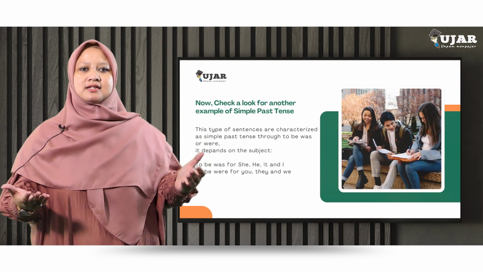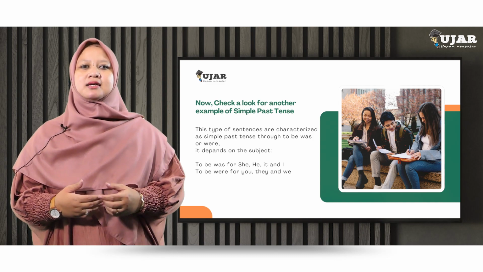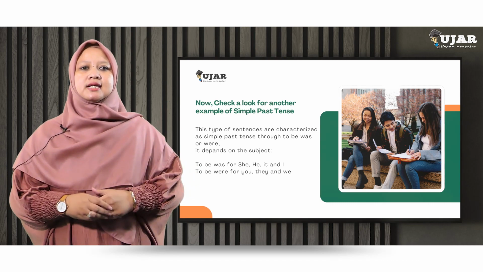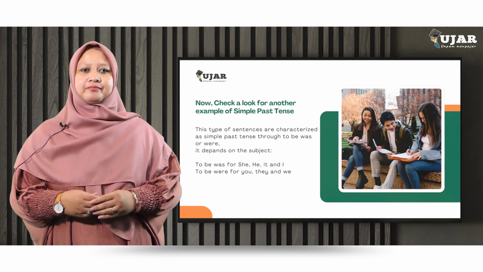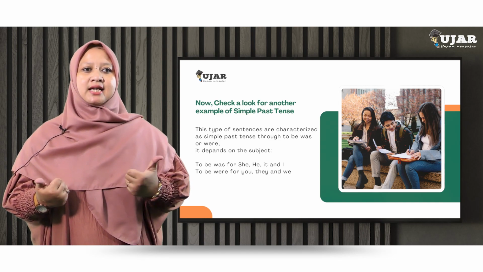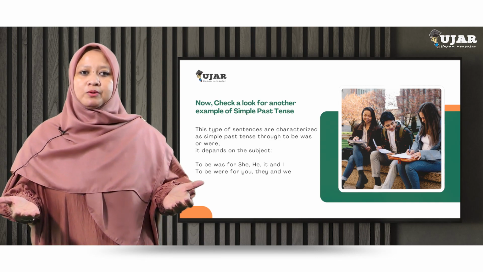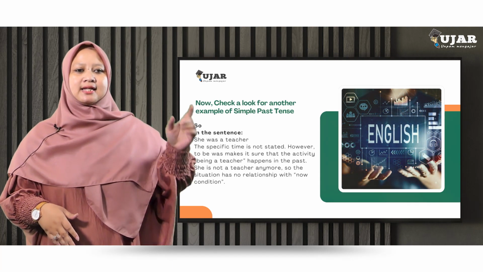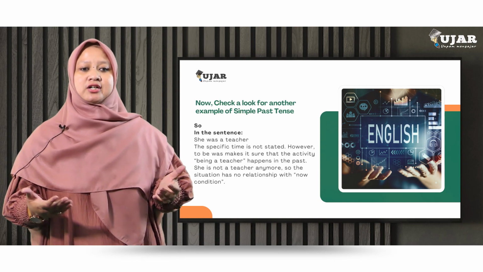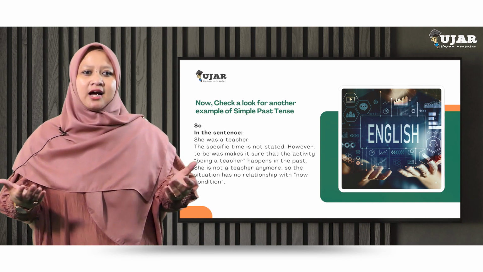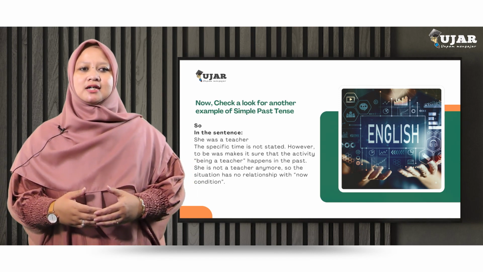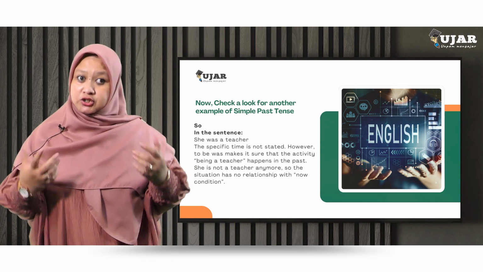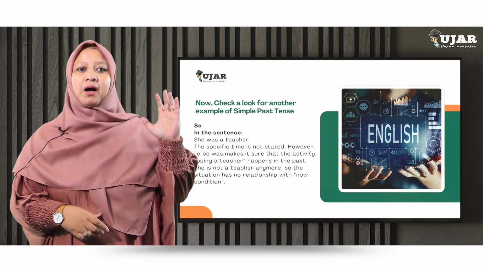This type of sentence is characterized as simple past tense through to be or auxiliary verb was or were. It depends on the subject. To be was for she, he, it, and I. And to be were for you, they, and we. So, in the sentence, she was a teacher, the specific time is not stated. However, to be was makes it sure that the activity of being a teacher happens in the past.